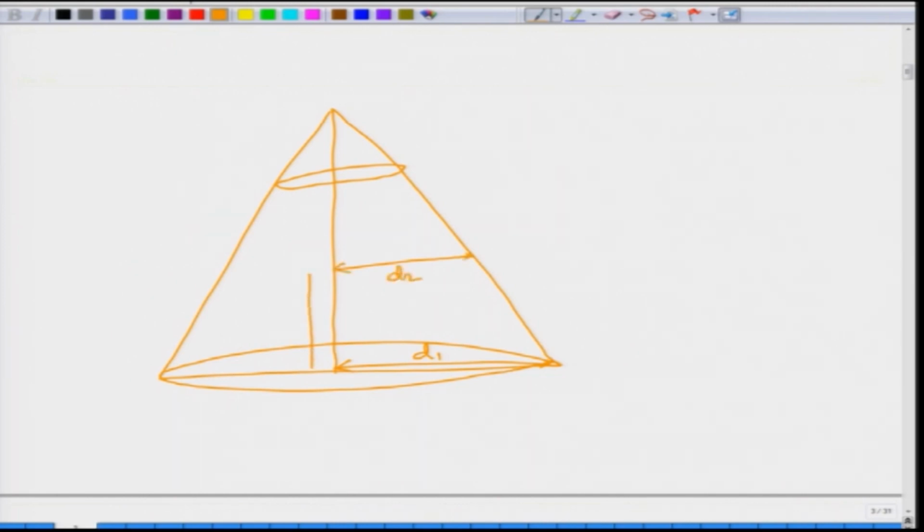Now, for a change in height of h, we are seeing a change in diameter of d 1 minus d 2, which we can write as delta d. So, the taper is the change in diameter divided by the change in height. So, it is delta d divided by h or d 1 minus d 2 divided by h. So, this is the taper of this particular solid.